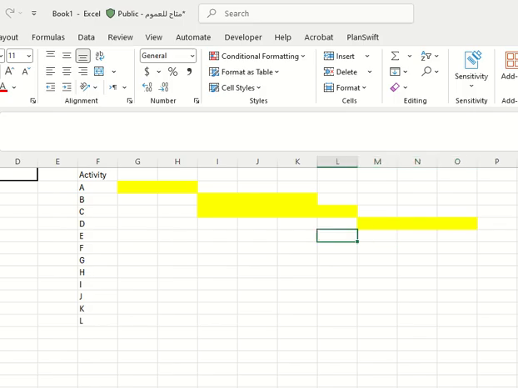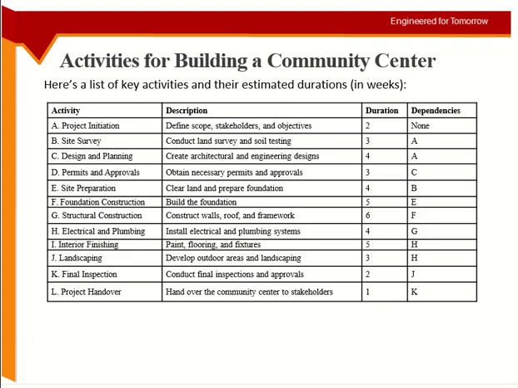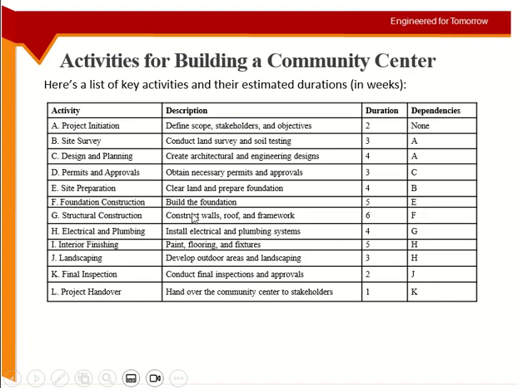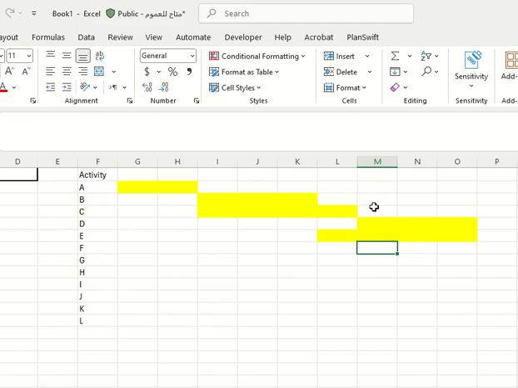D is after C, and E is after B. So how many weeks after B? 4 weeks. Then I go to F. F is after E, 5 weeks. So where is E? E is here, 5 weeks.